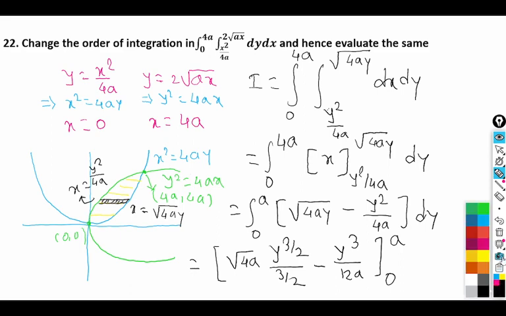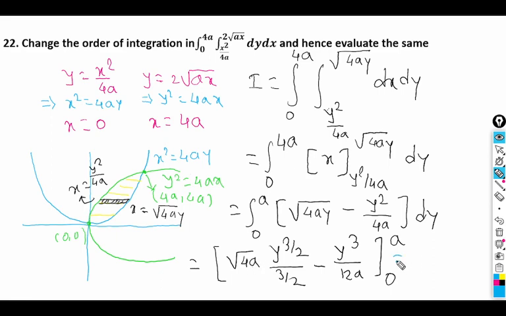So the next few steps I will write on this side. Here you will replace y by a, so a raised to 3 by 2 into a raised to half. Root 4 is 2.